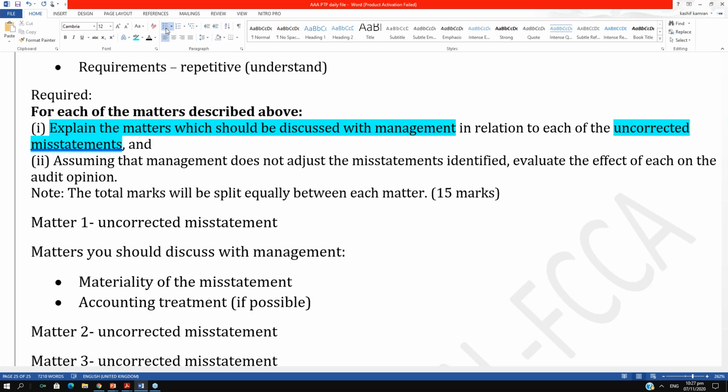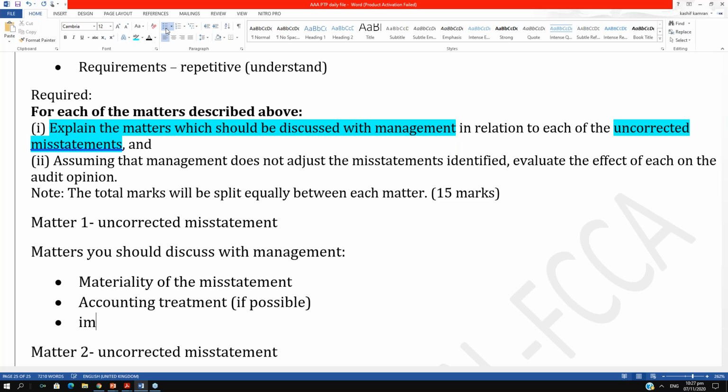Number three, you discuss the impact on the financial statements of the uncorrected misstatement, that is, what will be understated and what will be overstated.